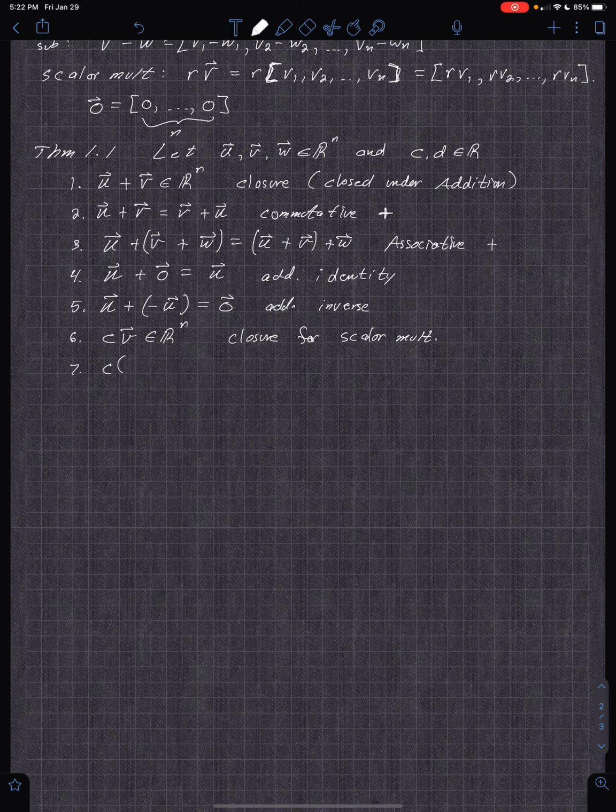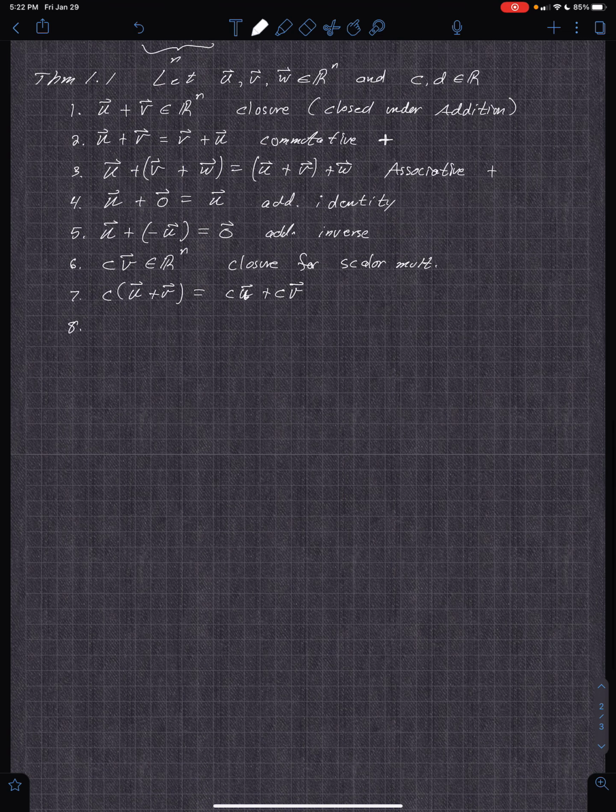So C times (U plus V) is equal to C times U plus C times V. I knew I was going to make that look weird. Okay, so that's just distributive.